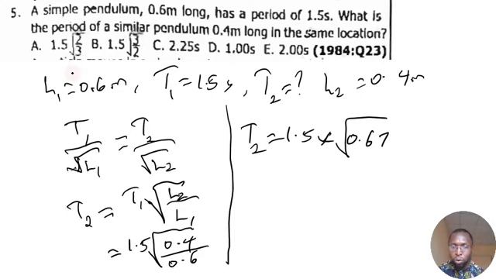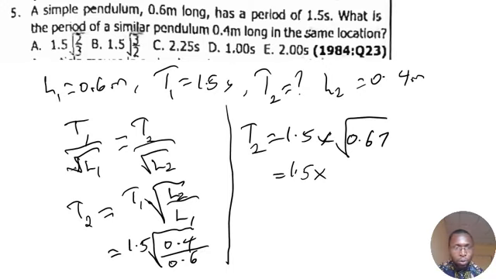And that will be equal to 1.5 times. Now let us find the square root of 0.67. Let's get the square root function on our calculator. The square root of 0.67. Okay, so when we do that, we'll be able to get our value.